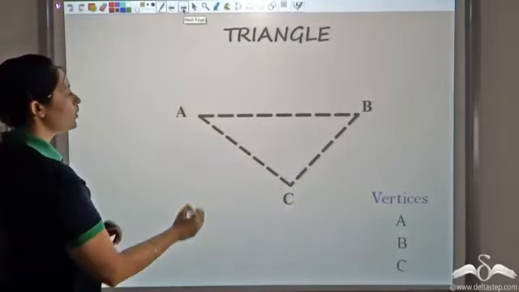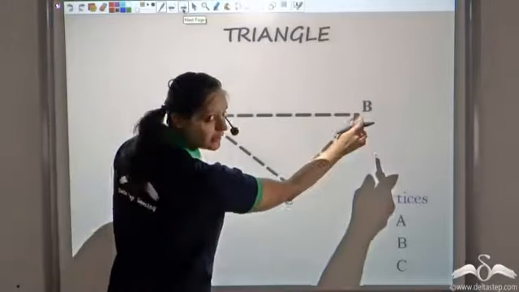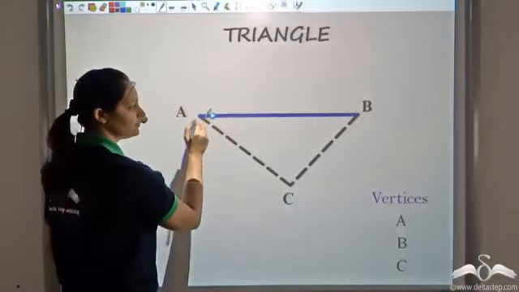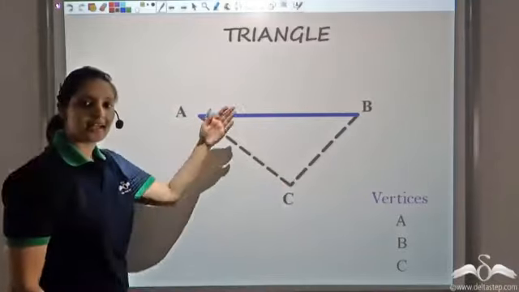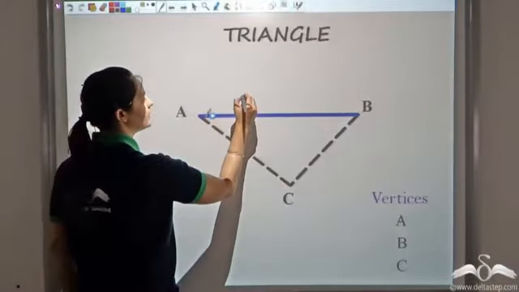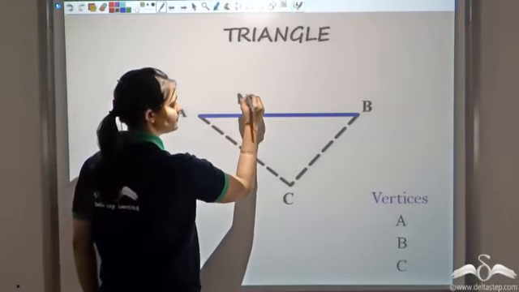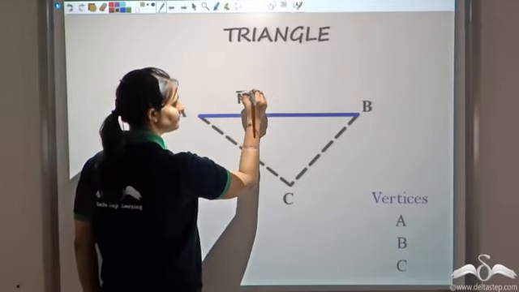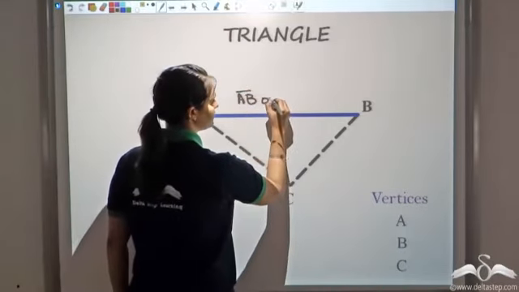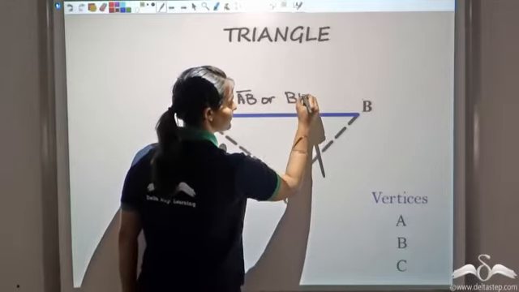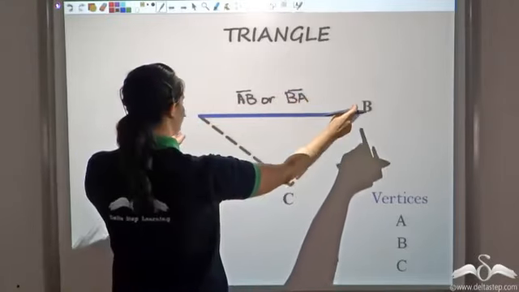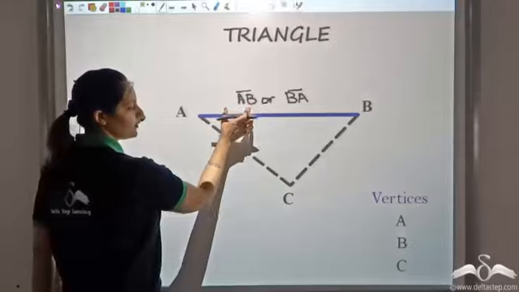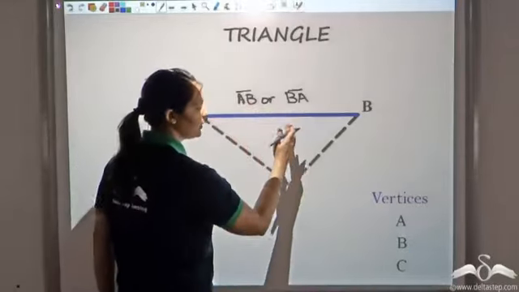Next, what we see is that if I join these vertices by a line, now this line is actually a side of a triangle, and I call this side AB, or you can call it BA. So it's a line segment with 2 points A and B. So you represent this side by AB or BA.